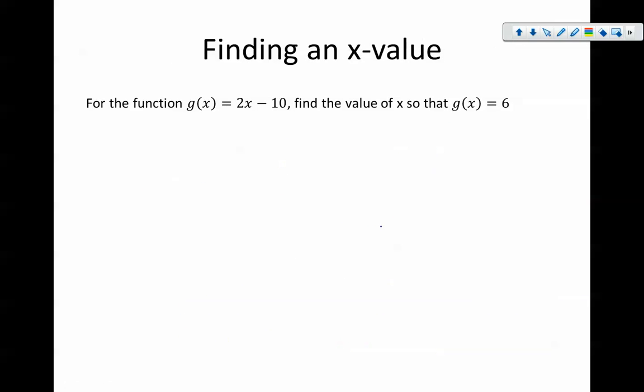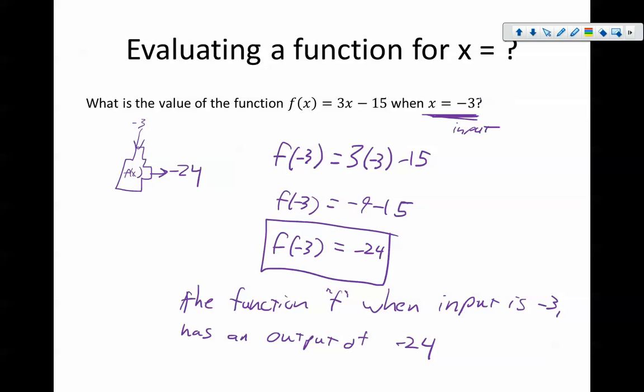Let's do one more example. This time we're going to be finding an x value. So for the function g of x equals 2x minus 10, notice that I changed the name. This is the g function now. Find the value of x so that g of x equals 6. Notice the difference. In the previous problem, it told us that x equals negative 3 and to find the value of the function.